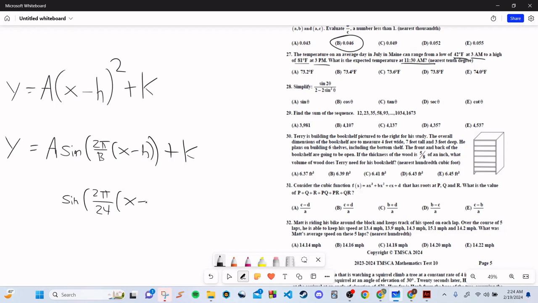And it doesn't really matter what you put for the H, because you could get the answer either way. But if you want to be specific, knowing that the sine function doesn't have a peak until what would be 6 on our graph, because it goes 6, 12, 18, and 24 is back to one full cycle.